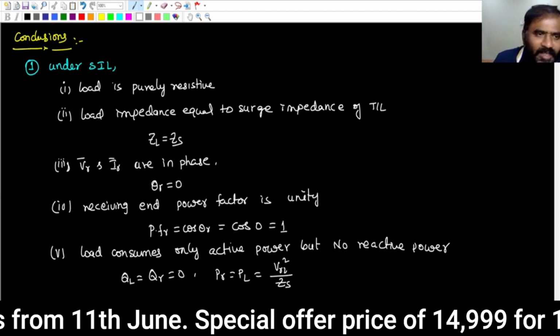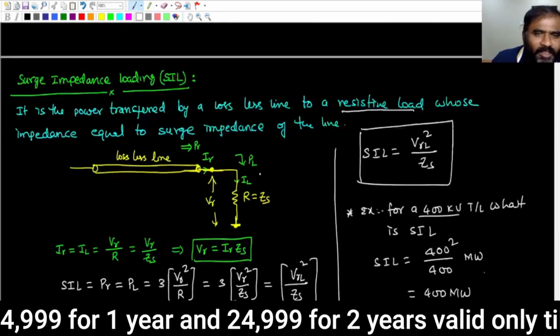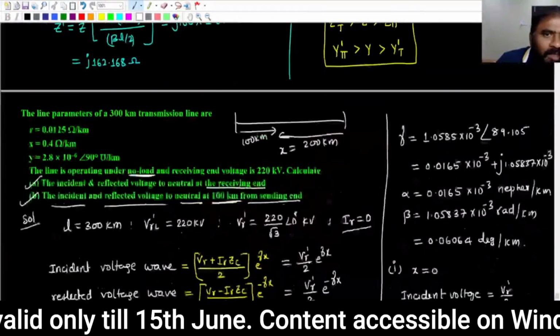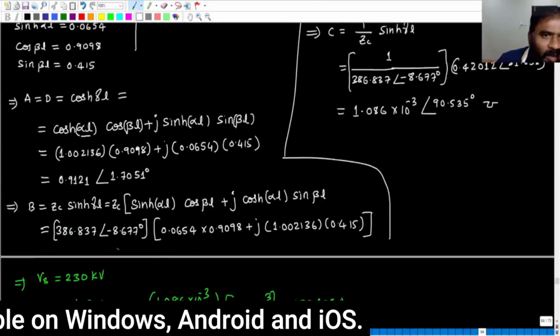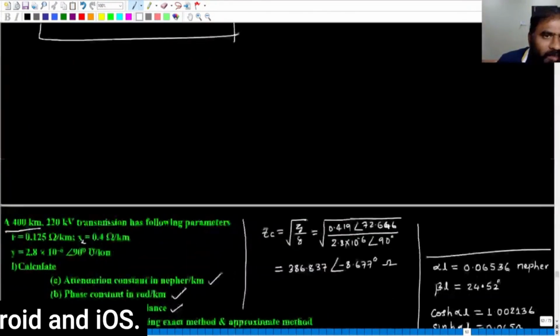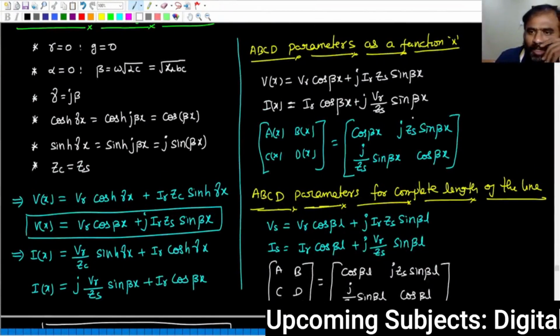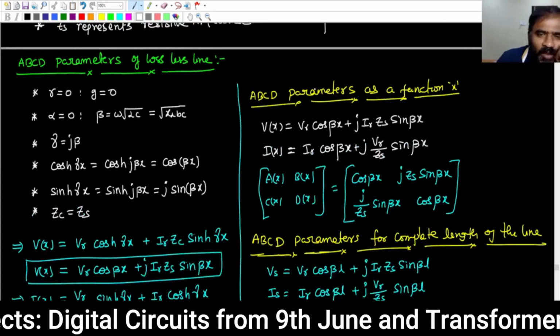Now the second thing. To write the second conclusion, I will go back to the previous lecture where we discussed the lossless line. For the lossless line, what parameters did we discuss? These are the equations we discussed for the lossless line, the ABCD parameters of the lossless line.